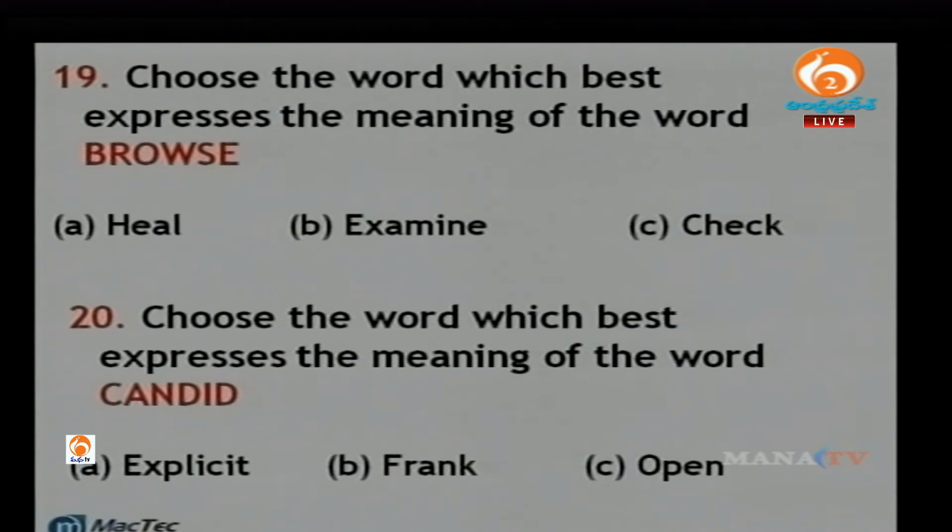Choose the word which best expresses the meaning of the word browse. Browse means examine or check or heal. What is the correct answer? That will be check. Option C, check.